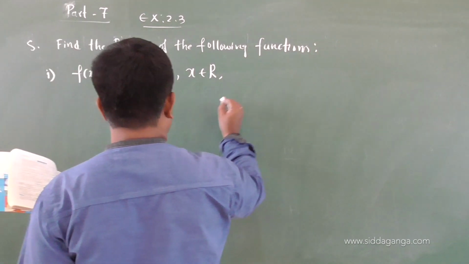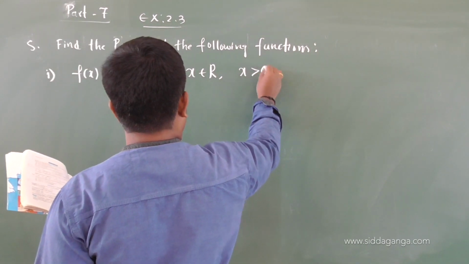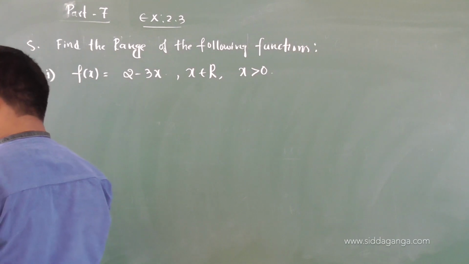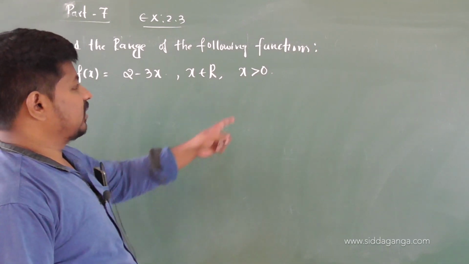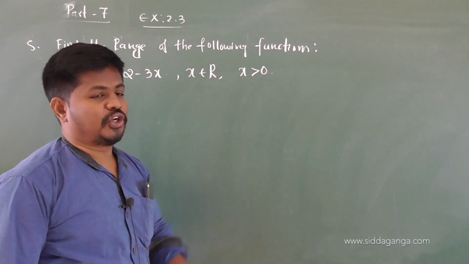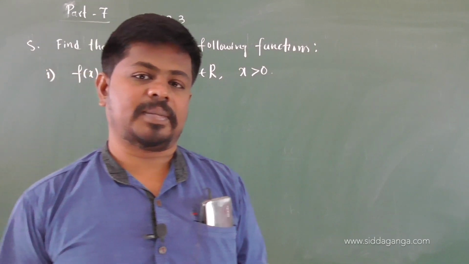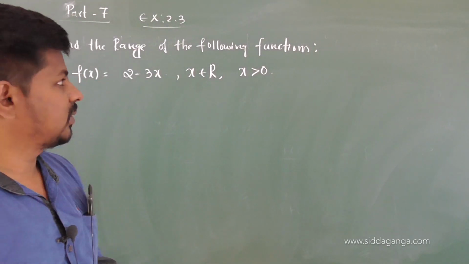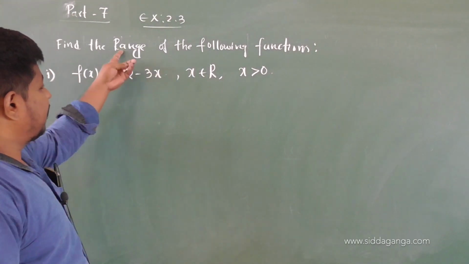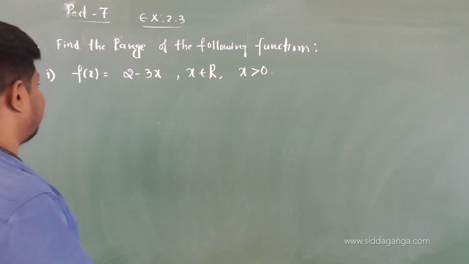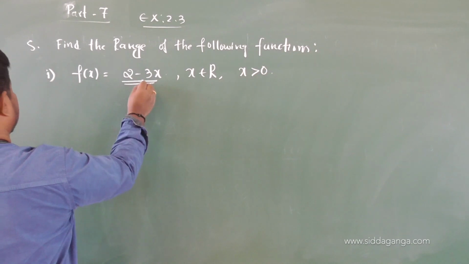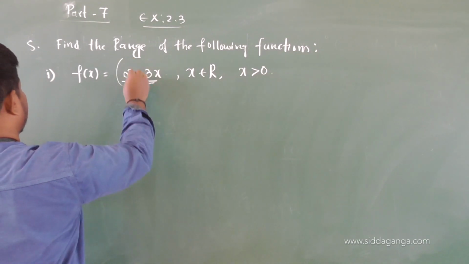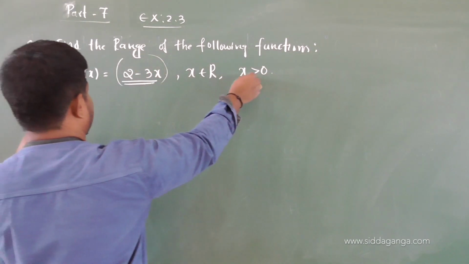You mean the domain is greater than 0? Yes, the domain is greater than 0. They only mention x is greater than 0, which means the domain is the set of all positive real numbers. But we have to find the range of the function, the y value. That's what we have to find.